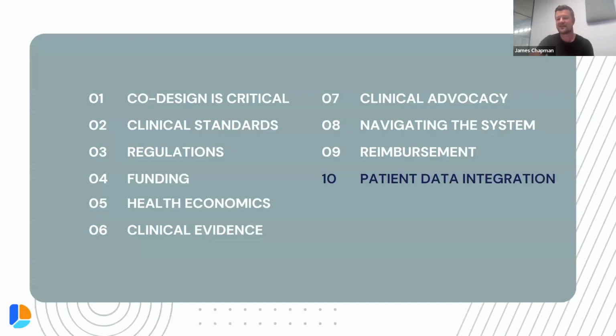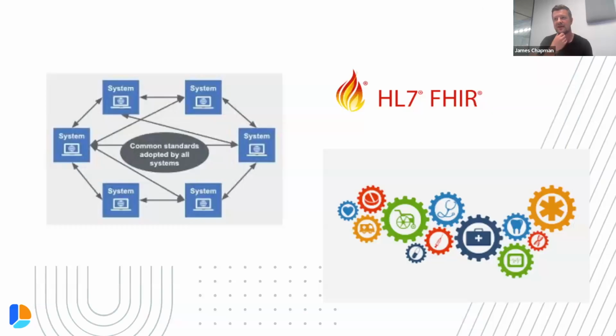Patient data and integration. We talked right at the start about trust and clinical safety. This one is a little bit techie. I've said that the technology isn't the hard bit, but this is probably the hardest bit of the technology aspect, because the NHS is big and complex, with over 200 odd trusts. That means there are lots and lots of systems within the NHS. They don't all have one patient record system, for example.